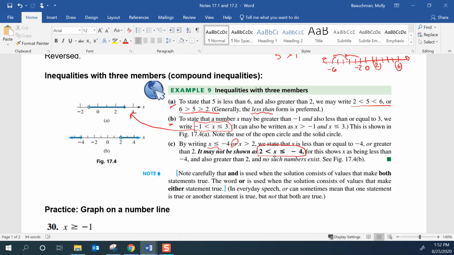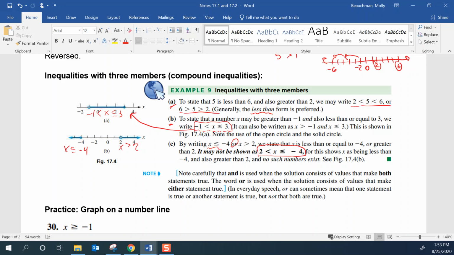So you have to be careful between an and and an or. This picture might make more sense. The first is written okay as a triple inequality because x is between these two numbers. We can't write the second this way because x is not between. In this case, x is greater than 2 or x is less than or equal to -4. There's no way to write that as a single inequality.